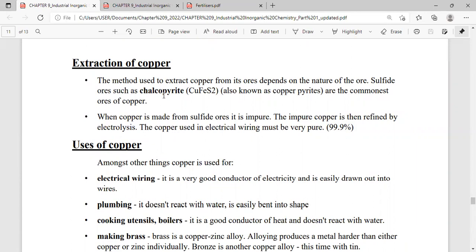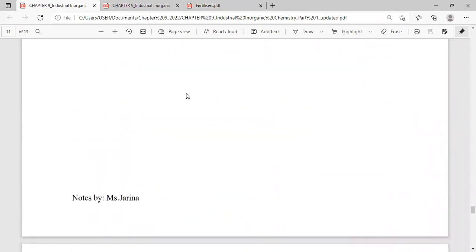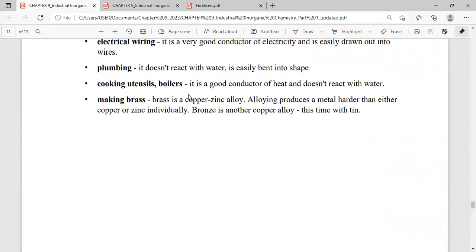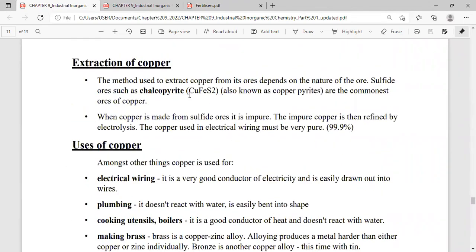All right, so we did extraction of aluminum the last time because we had that combined class. So I still have to teach this little bit of extraction of copper.